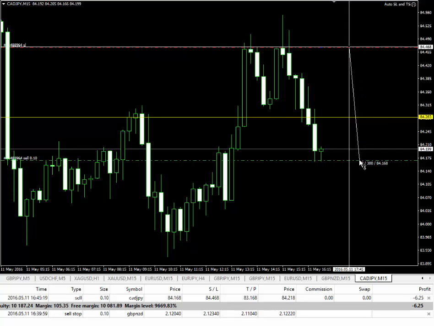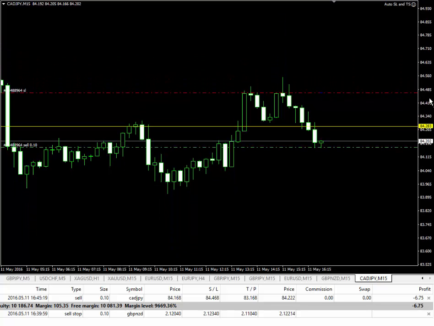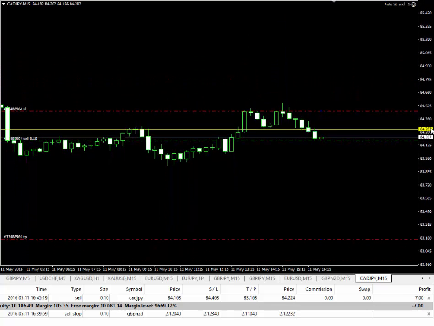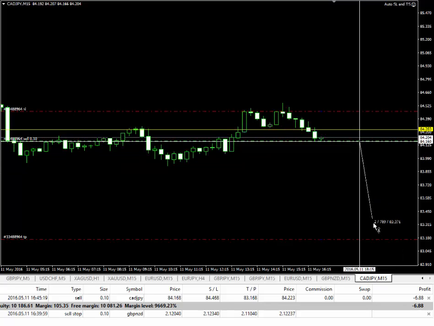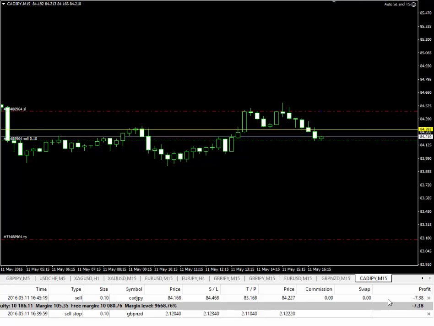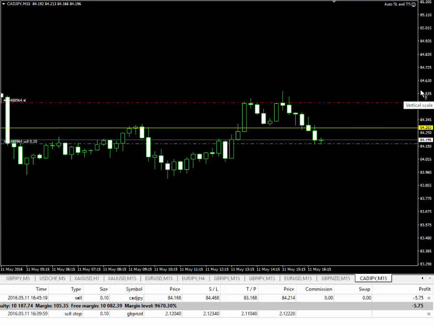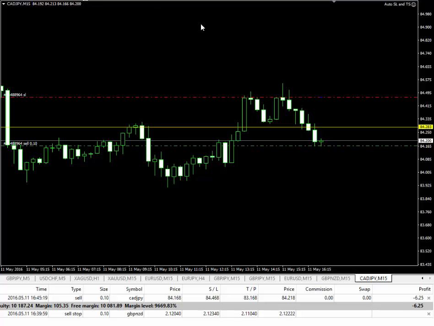This is a 30 pip stop loss, and the take profit is here, which is about 100 pips away. Okay, yeah, so now we are in this trade, and let's see how it goes. Now this is on the 15 minutes.